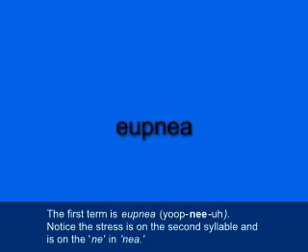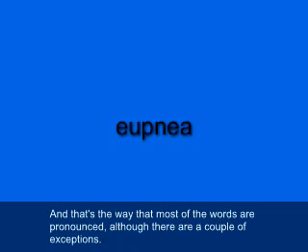That's spelled E-U-P-N-E-A. And notice the stress is on the second syllable, on the knee in eupnea. That's the way most of these words are pronounced, although there are a couple of exceptions.